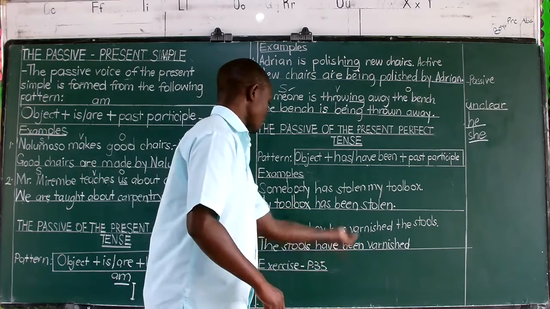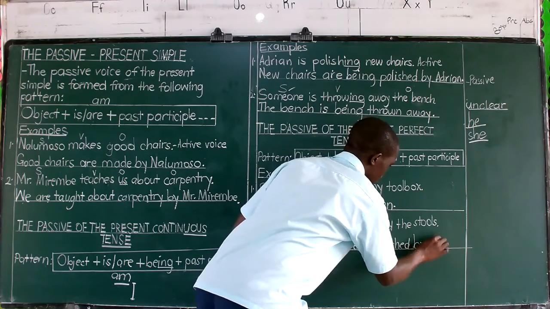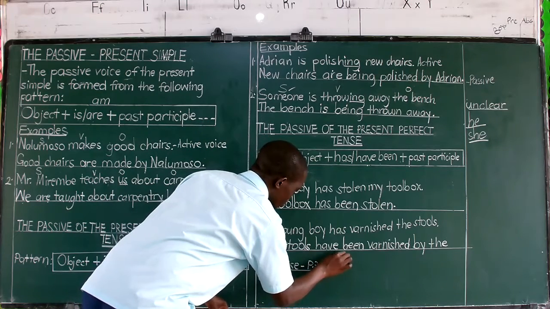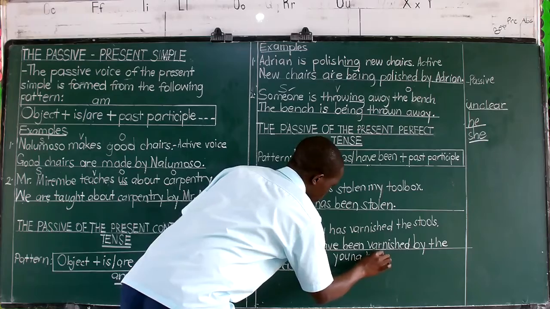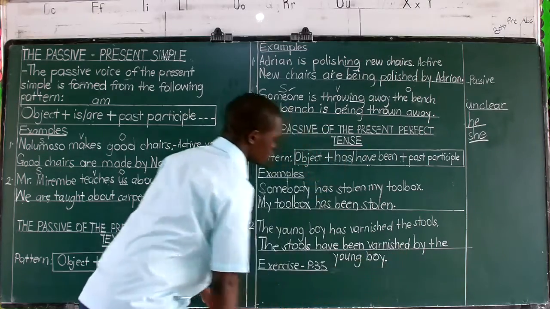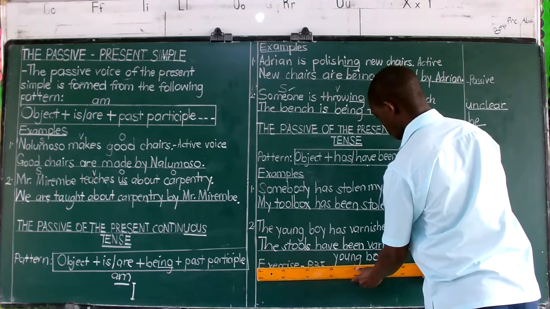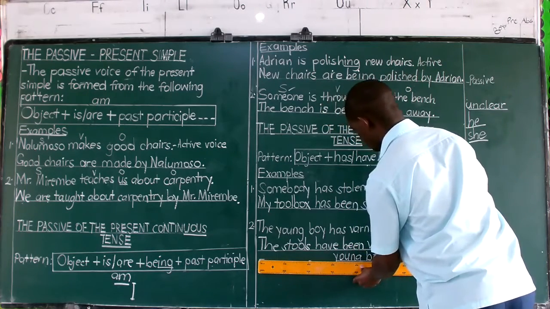Yes, the stools have been vanished by the young boy. And that's the answer. That's how I have managed to deal with my question in the present perfect passive voice.